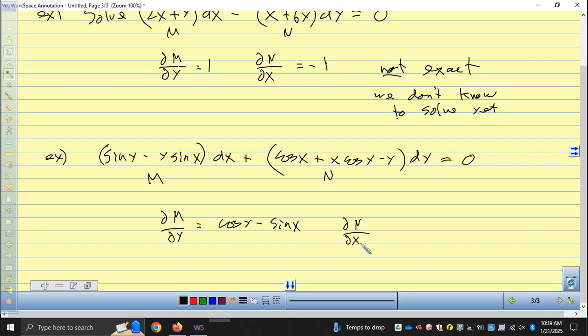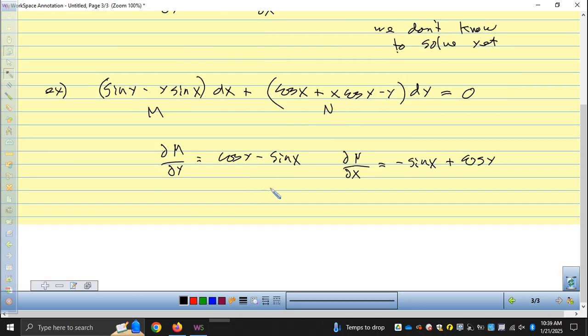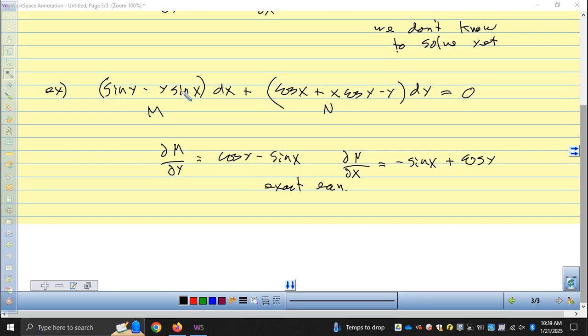Partial of N with respect to x is minus sine x plus cosine y. So it is exact. So we want to find our function. So I'm going to integrate this with respect to x and integrate this with respect to y.